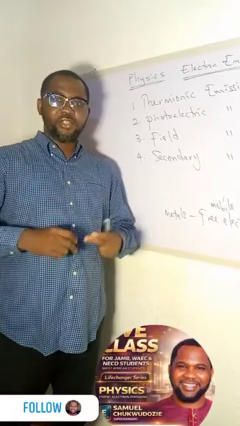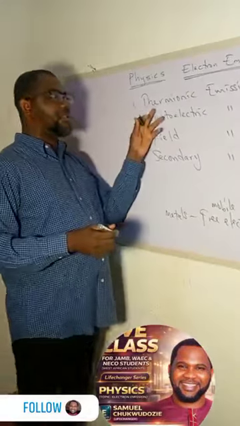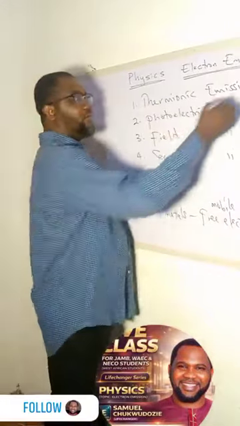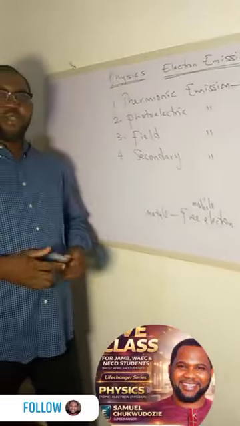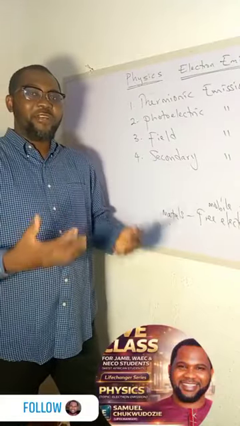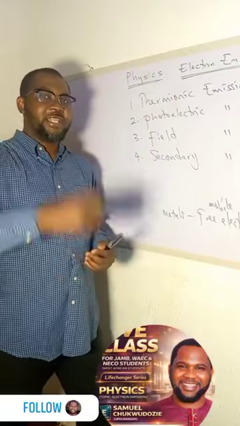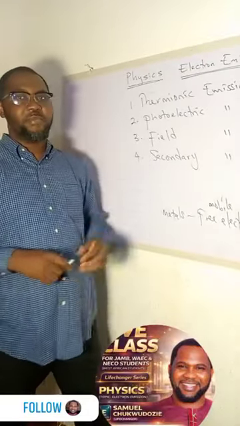Now, in the case of thermionic emission, the energy you need here is heat energy. So when you heat a metal and the energy generated becomes sufficient to eject electrons from the surface of the metal, we call that type of emission thermionic emission.